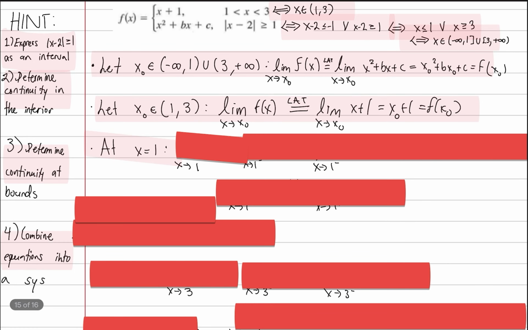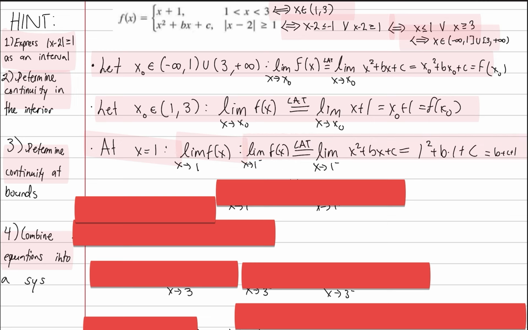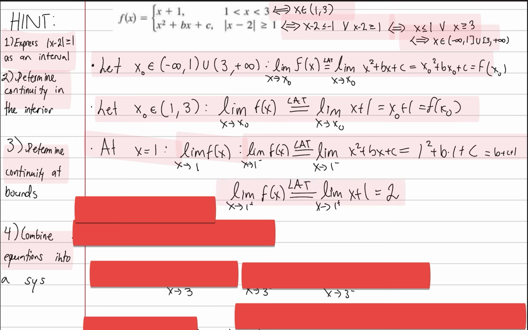Now, step number 3 is to determine continuity at the bounds 1 and 3. So at x equals 1, for the limit of f of x as x approaches 1, we consider first the side limit, and that agrees with the second piece, which is b plus c plus 1. And the other limit is just agreeing with the first piece, which is just 2. Okay, so we have b plus c plus 1, we have 2. What can we do here?